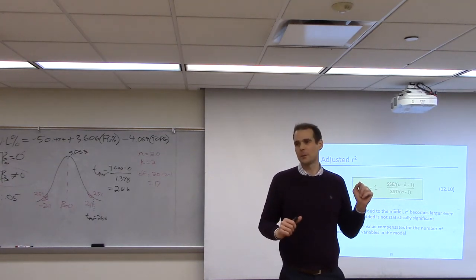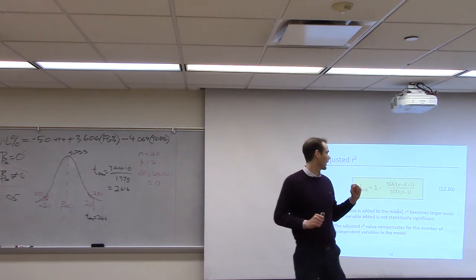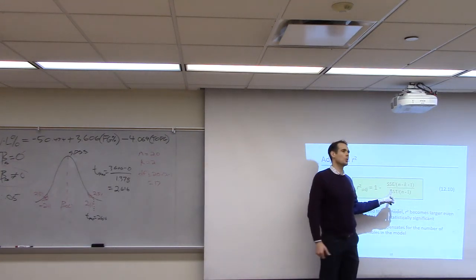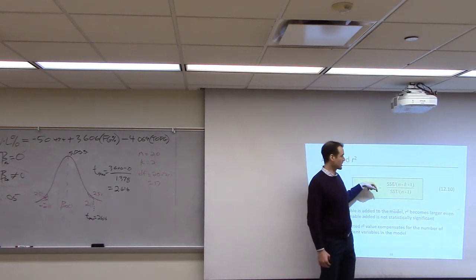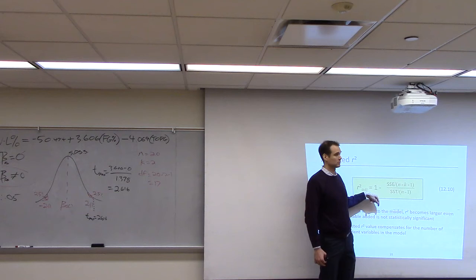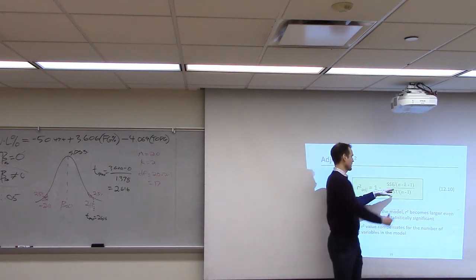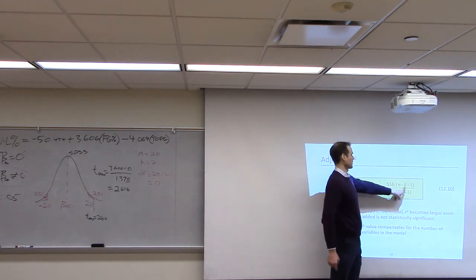So we have another performance measure, adjusted R-squared, which penalizes you for adding more variables. If you add more variables that don't help very much, adjusted R-squared goes down. And you can just see the math. K is the number of independent variables.